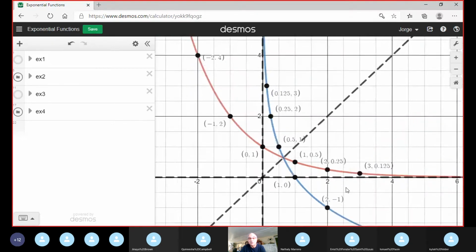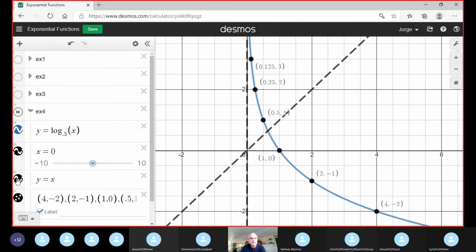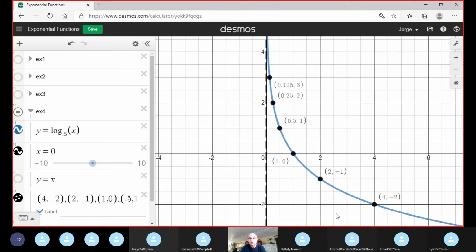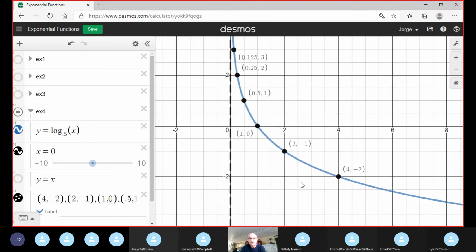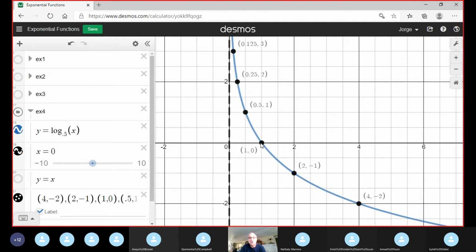Pay your attention, focus your attention on the blue curve, and this represents the graph of the logarithmic function base 1/2. The typical three points that we are doing are the universal (1, 0), (0.5, 1), and (2, -1), the reciprocal, negative. And don't forget, please, the vertical asymptote. End of the story. Any question?